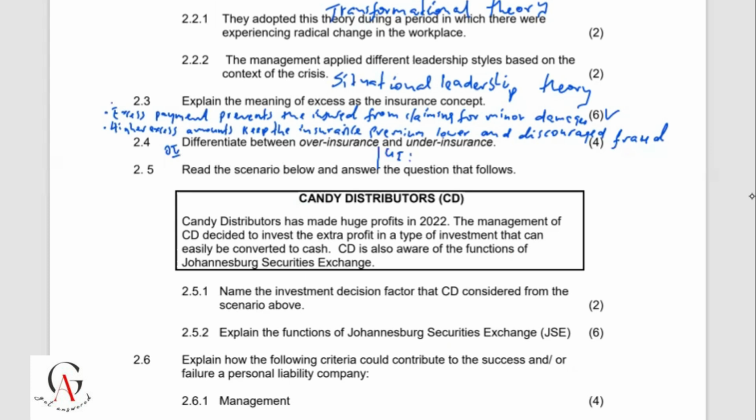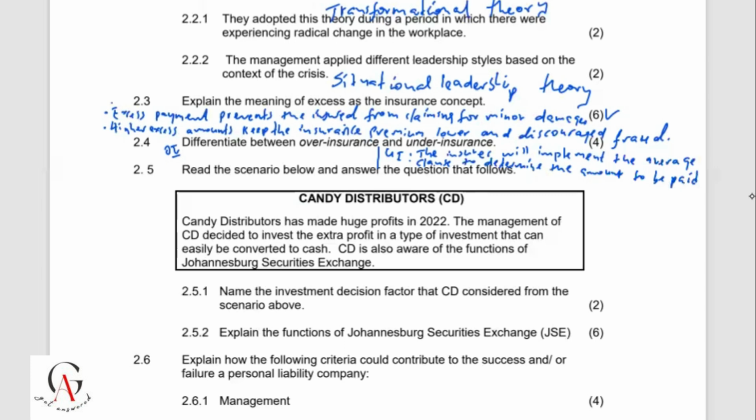So now we're saying that here, the insurer will implement the average clause to determine the amount to be paid.